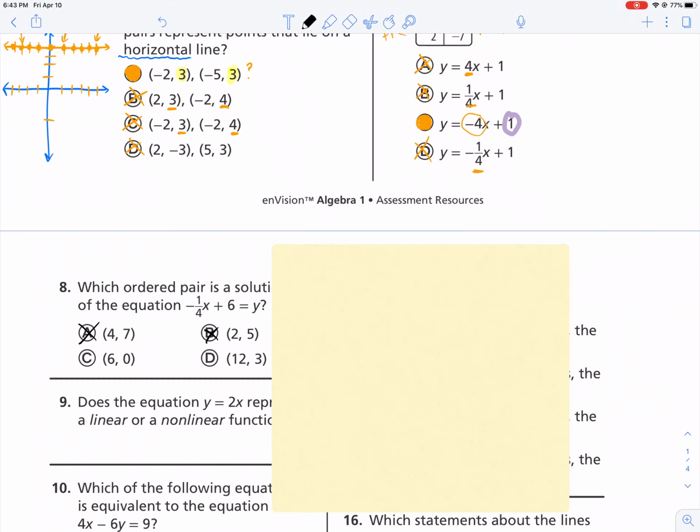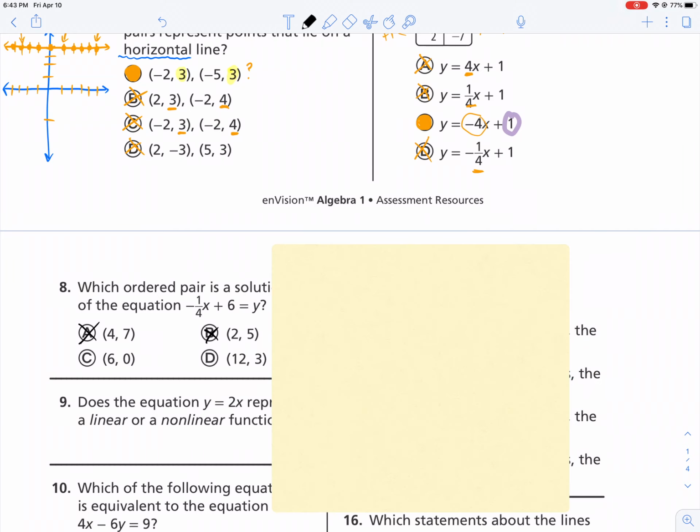I can reduce negative 12 over 4, and I end up with negative 3 plus 6 equals 3. Negative 3 plus 6 is just going to give us 3, and we end up with 3 equals 3, which works. So let's pick a brighter color, maybe pink, and we say that D works in this case.